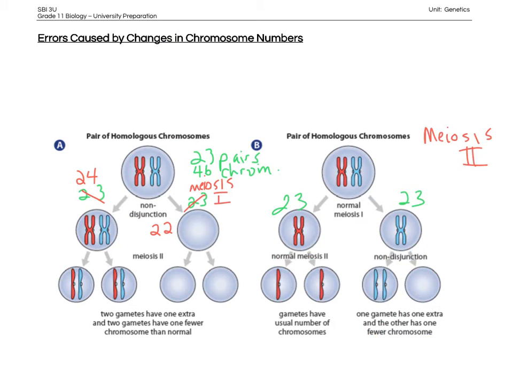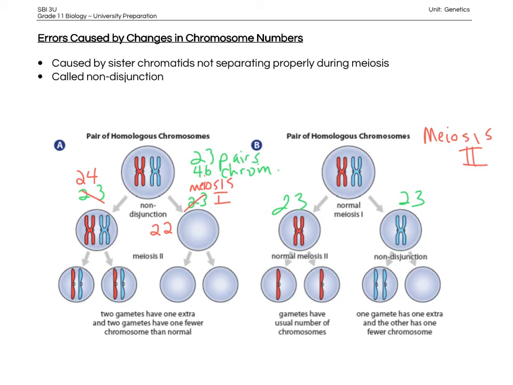Let's write a little bit of this down. So when we talk about sister chromatids not separating properly during meiosis, we can be talking about the case where it's happening during meiosis 1 or meiosis 2.